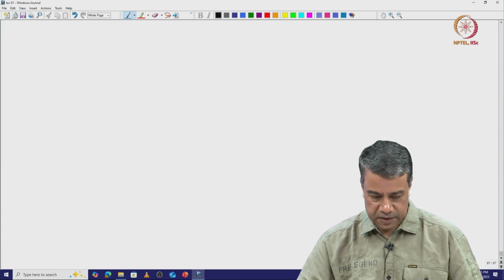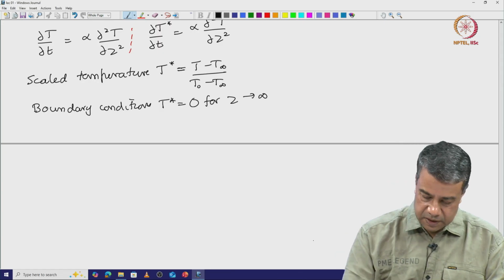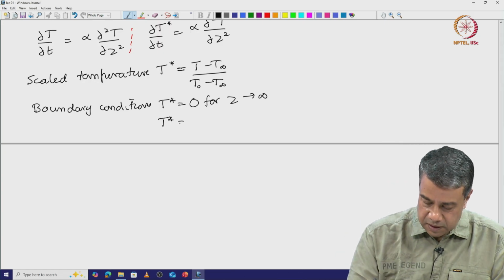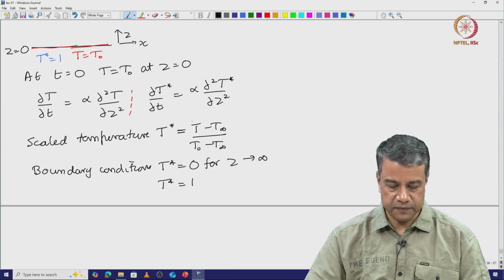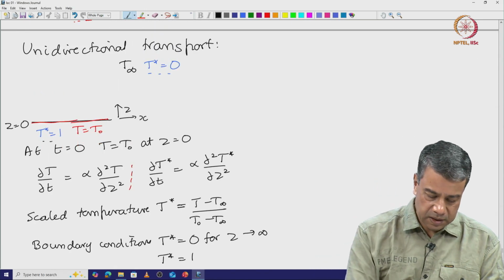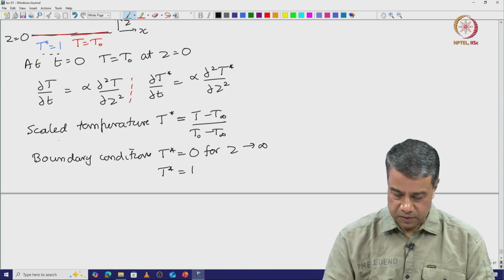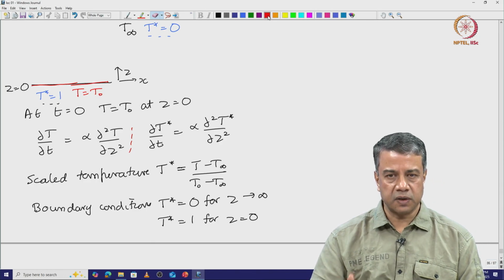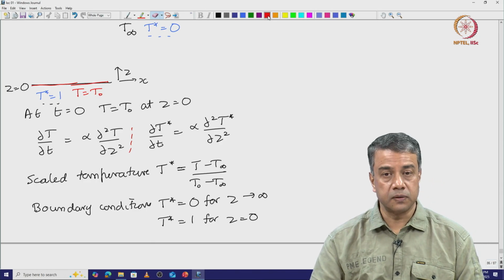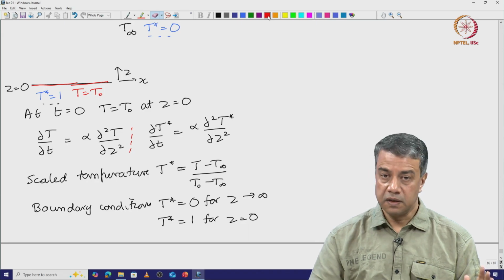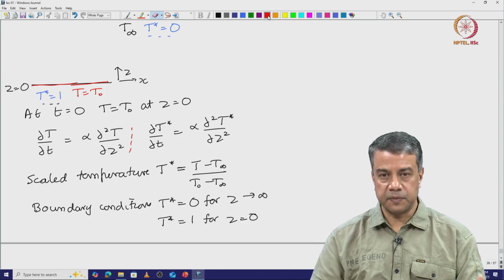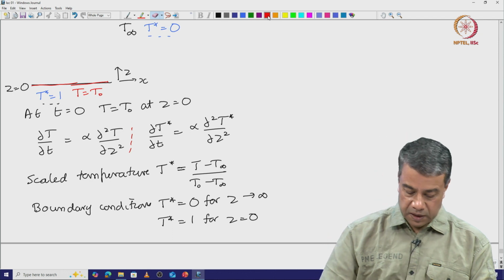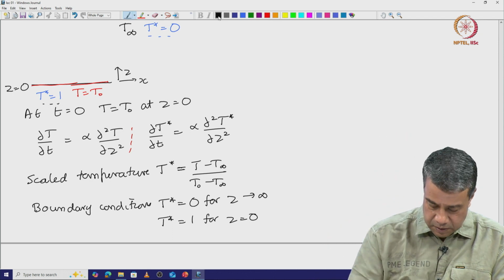At the surface T star is equal to 1, at z is equal to 0. Therefore, the boundary conditions at the two boundaries: at the bottom surface which is heated, T star is equal to 1 at z is equal to 0, far from the surface T star is equal to 0, and then there is an initial condition.